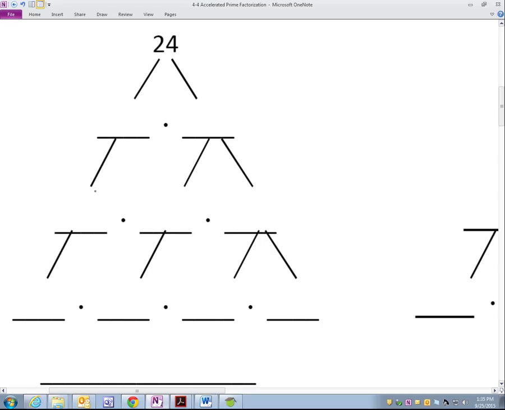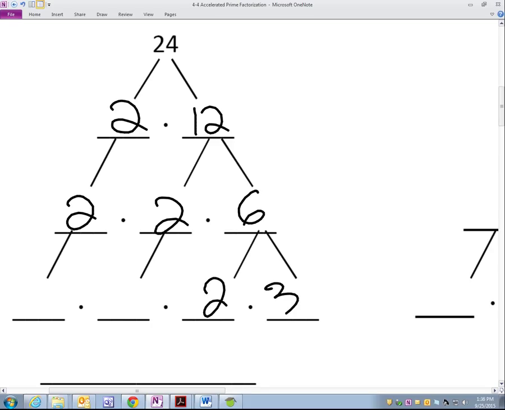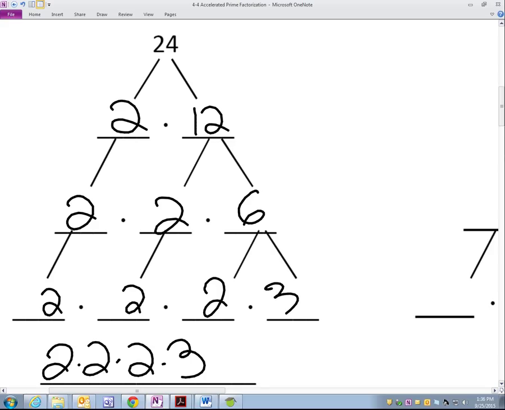That's going to be 2 times 2 times 6. So that prime factorization, when it comes out, is 2 times 2 times 2 times 3. And if you do it correctly, it should come out to a product of 24.